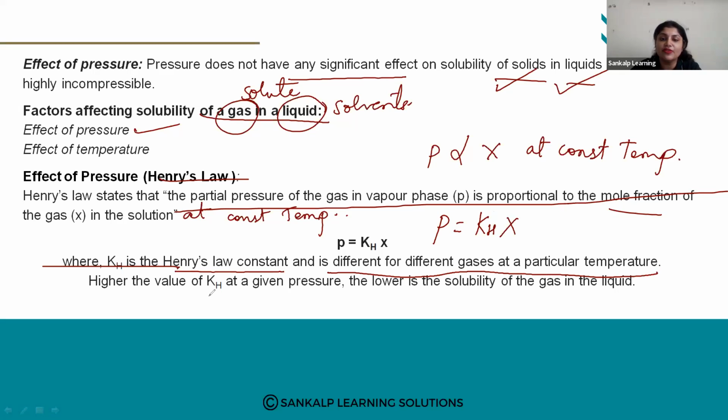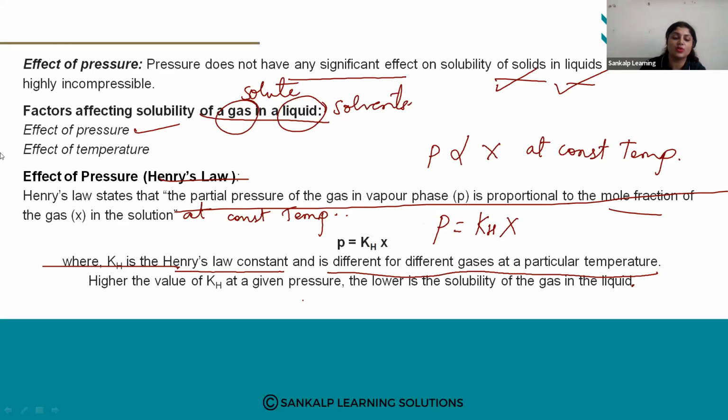Higher the value of kh at a given pressure, the lower is the solubility of a gas in a liquid. So if the value of kh is more at a given pressure, the lower will be the solubility of the gas in the liquid.